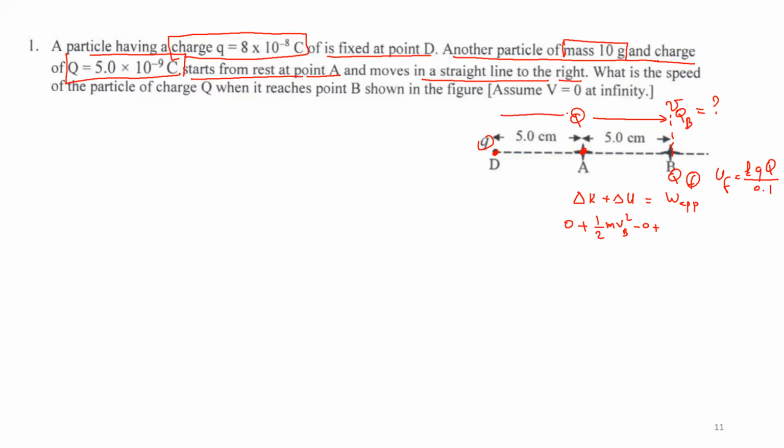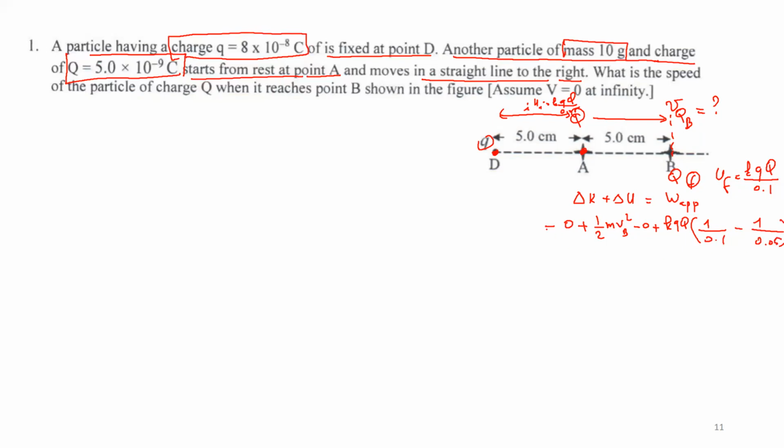U initial is this. This is the initial distance. So this guy is here, this guy is here. So what is U initial? It will be K, Q, capital Q divided by the distance between them, which is 0.05. So basically, U final minus U initial will be just K, Q, Q times 1 divided by 0.1 minus 1 divided by 0.05.